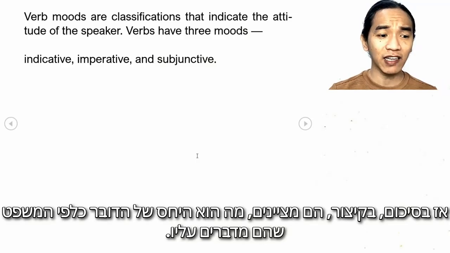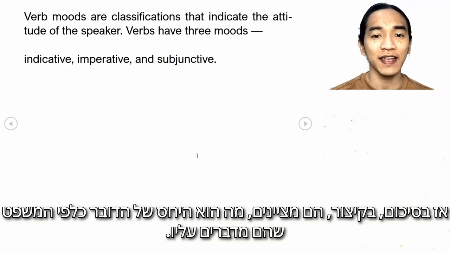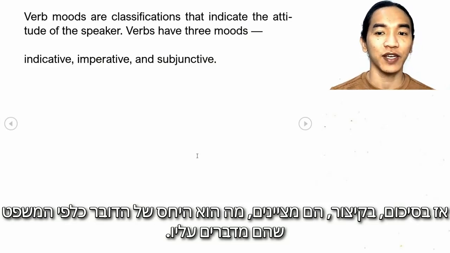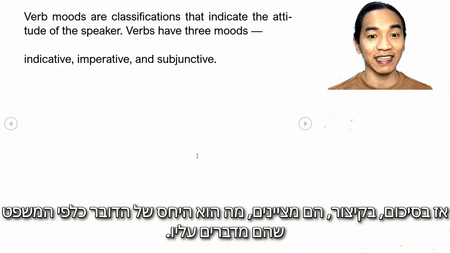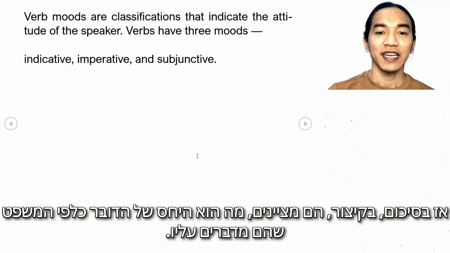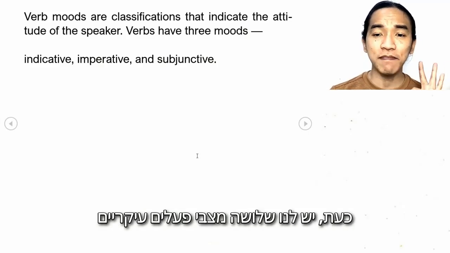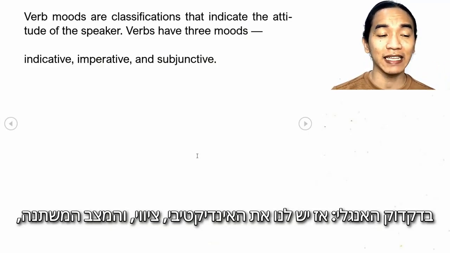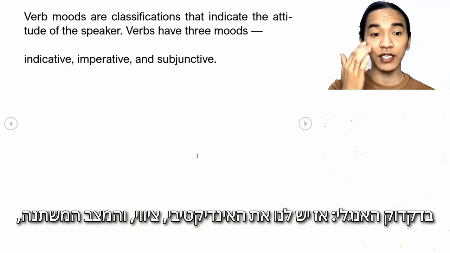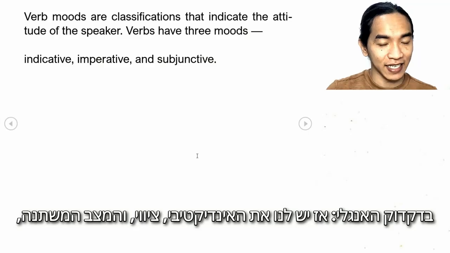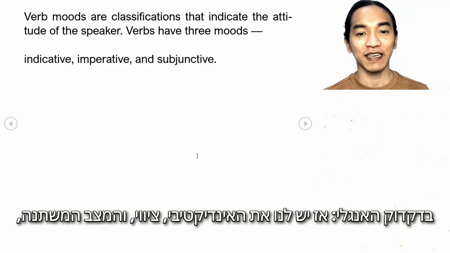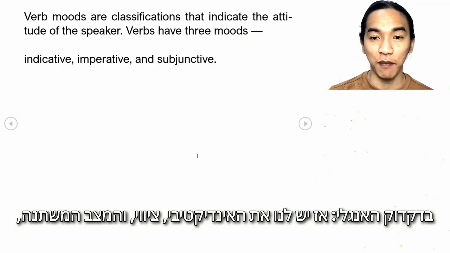So, in short, they indicate what the attitude of the speaker is towards the sentence that they are talking about. Now, we have three main verb moods in English grammar. So, we have the indicative, imperative, and the subjunctive moods.